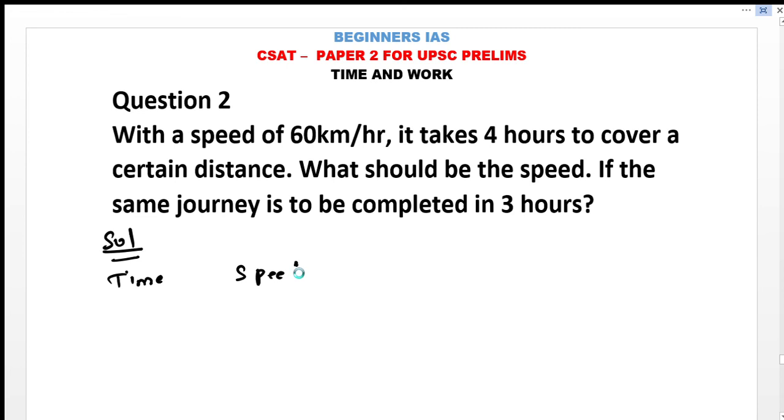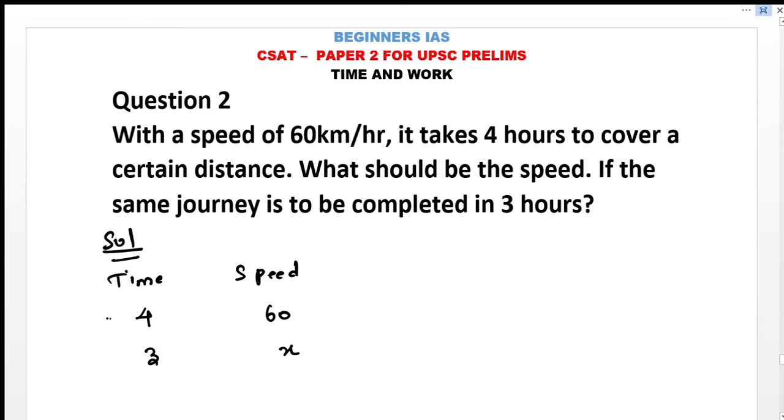In 4 hours, the speed is 60 kilometers per hour. What should be the speed x if the same journey is to be completed in 3 hours?